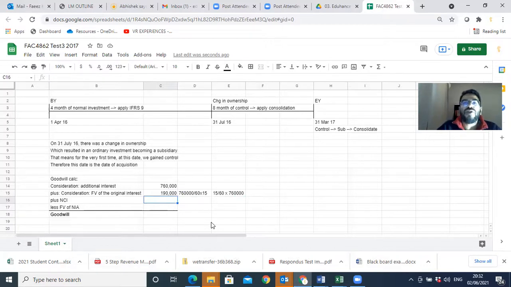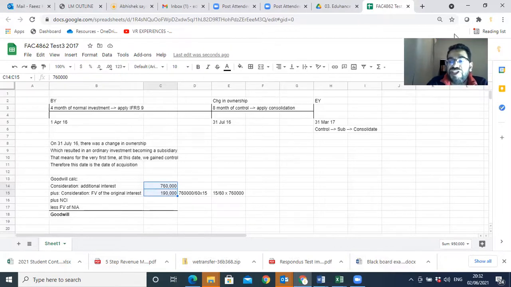So the total consideration. If a question asks you, what is the consideration? The consideration is not 760. The consideration is 950,000 Rand. Very, very important. The consideration is not 760, the consideration is 950.